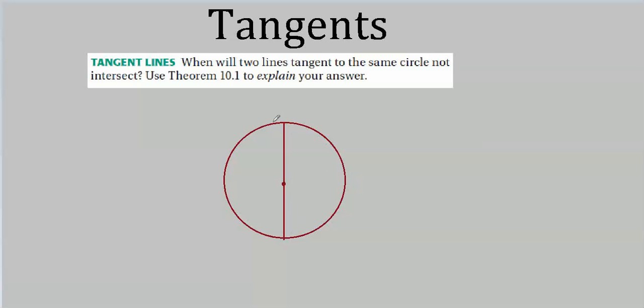So, if we had a tangent line here, and a tangent line here, well, they would both be perpendicular to the same line, therefore parallel, and they would never intersect. So, the answer is, when the points of tangency are the opposite ends of a diameter, those two tangents will be parallel and never intersect.